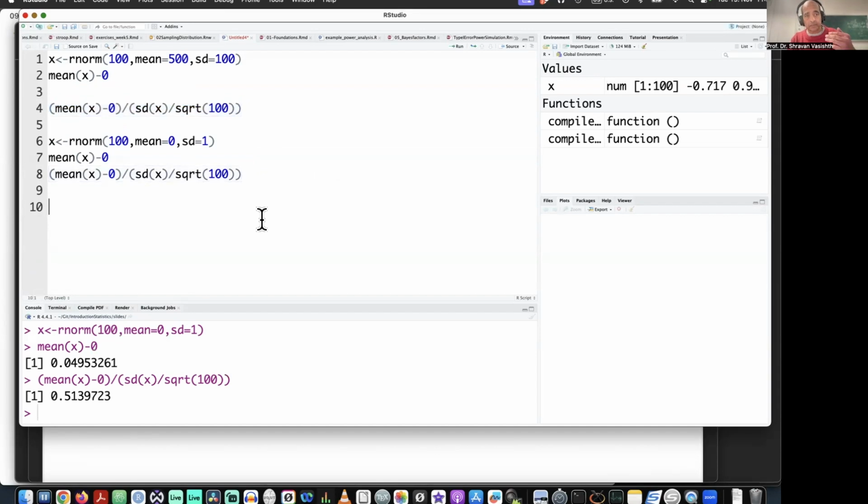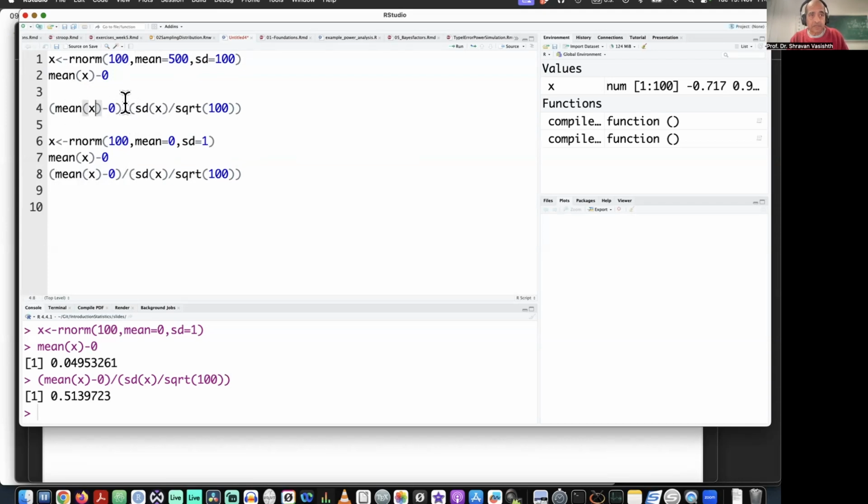So if I wanted to talk about how far away the sample mean is from the hypothesized mean in this distribution versus in this distribution, I can now actually talk about the distances in the two cases, which are very different distances, but on the same scale. One distance is very large and one is very small.